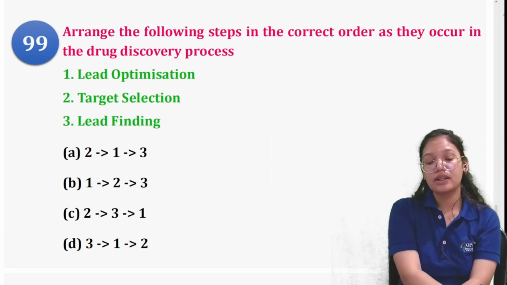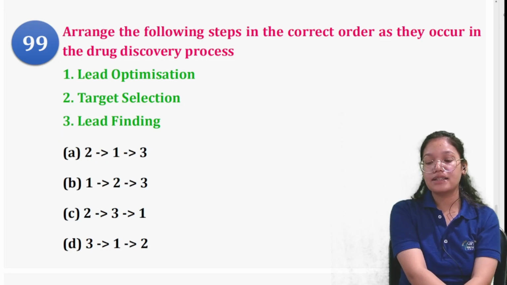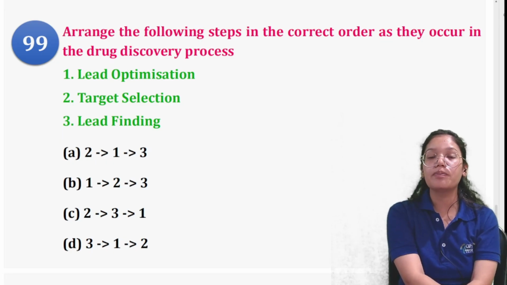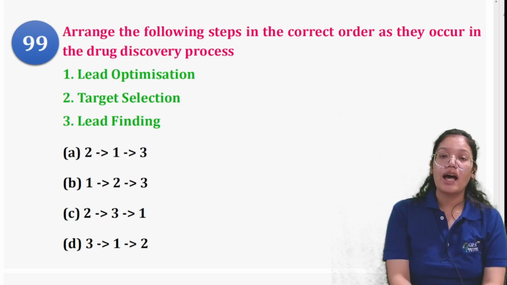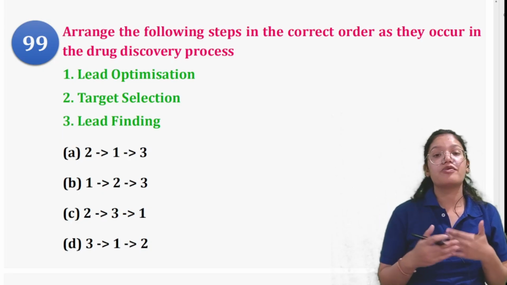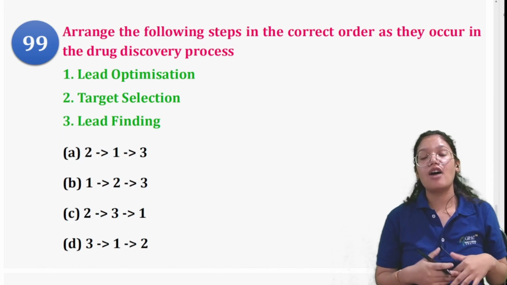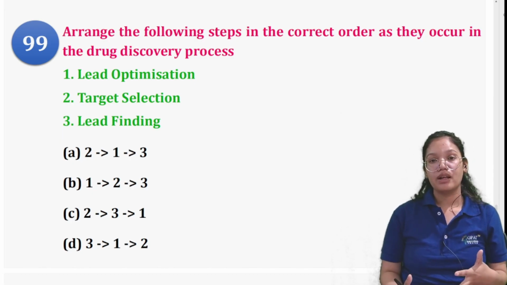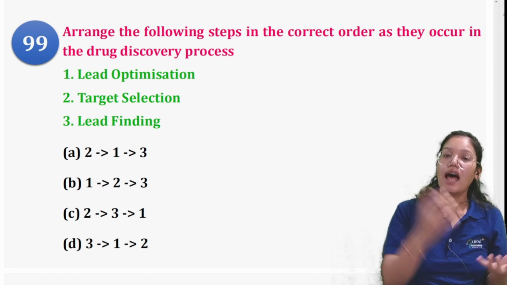Now next, arrange the following steps in the correct order as they occur in the drug discovery process. In the drug discovery process, we have different steps. The first step is that we have to discover the target, where the drug that will be discovered will act.